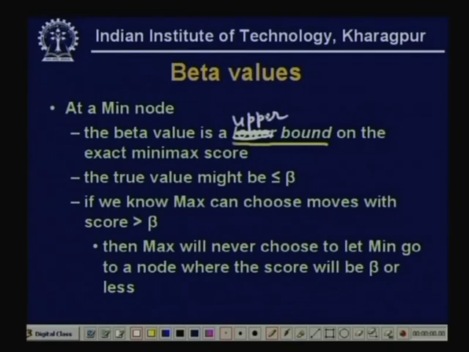At a min node, the beta value is an upper bound to the exact minimax score. So, the true value might be less than or equal to beta, because beta value is an upper bound. Now, if we know that max can choose moves with score greater than beta, then max will never choose to let min go to a node where the score will be beta or less. Let us again draw a diagram.